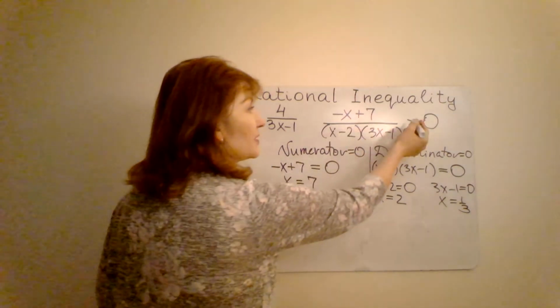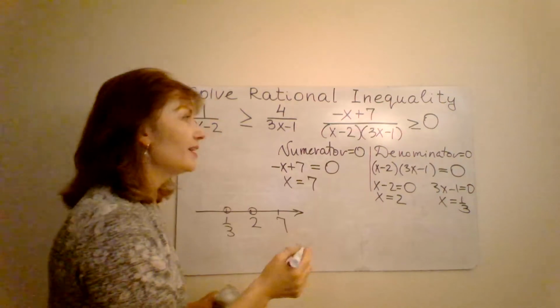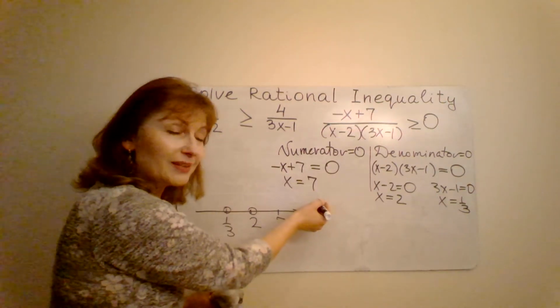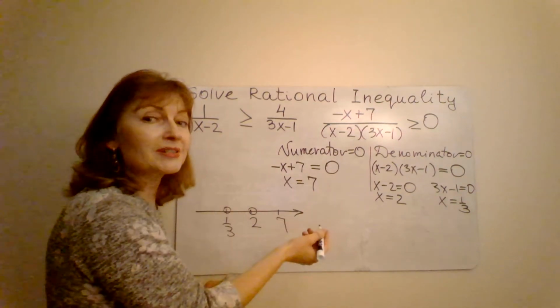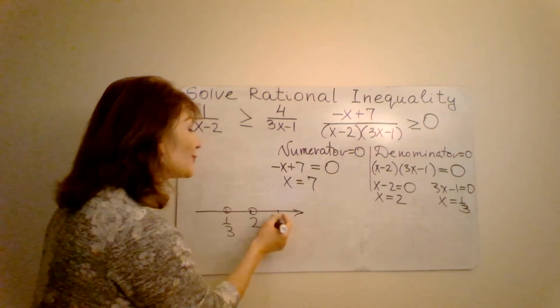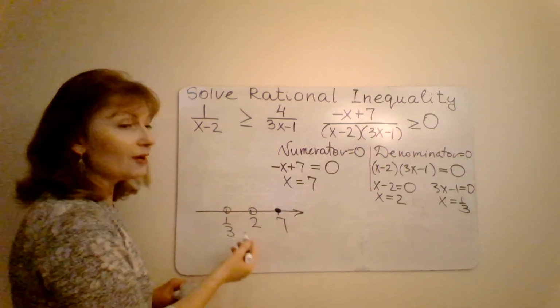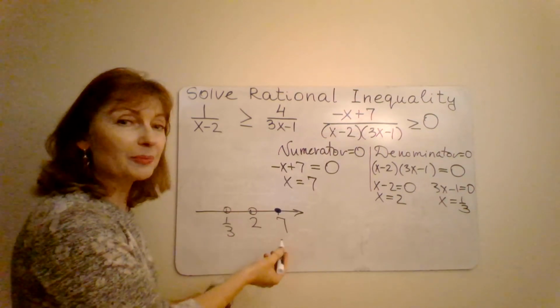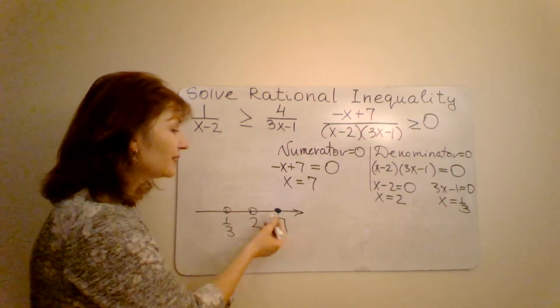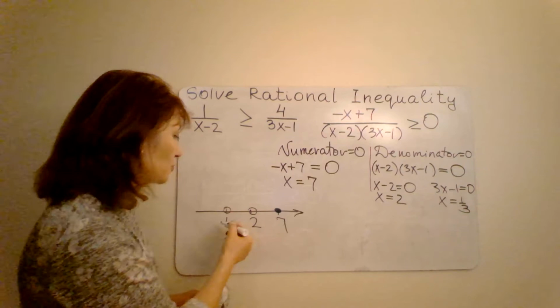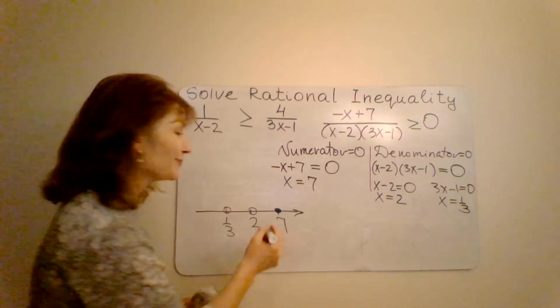And since we have an inequality with an equal sign, we accept 7 as one of the solutions in our solution set. So it's a closed circle. Now you can see that these three numbers divide the number line into 4 intervals.